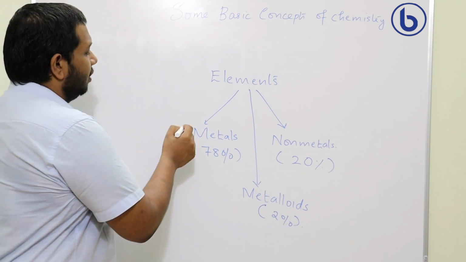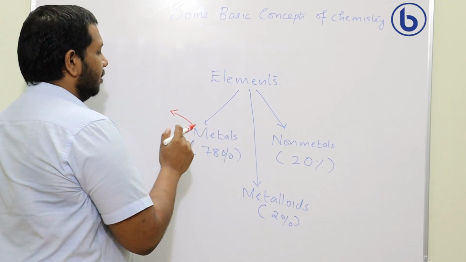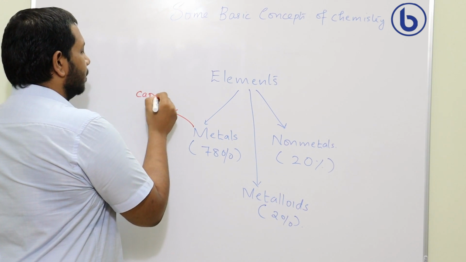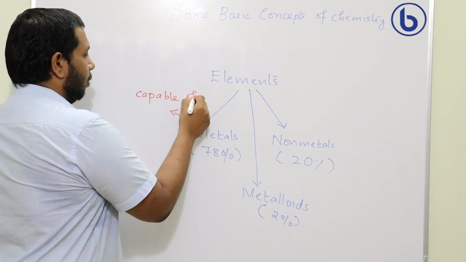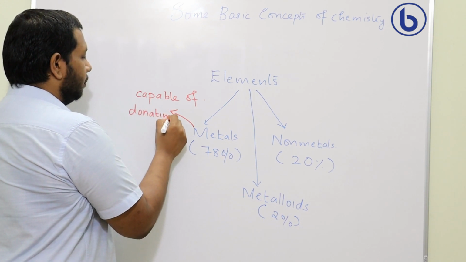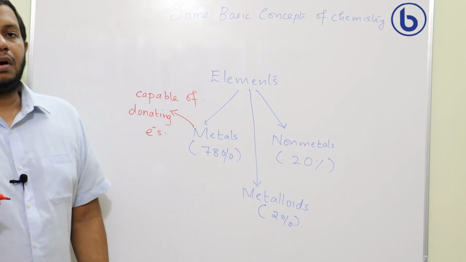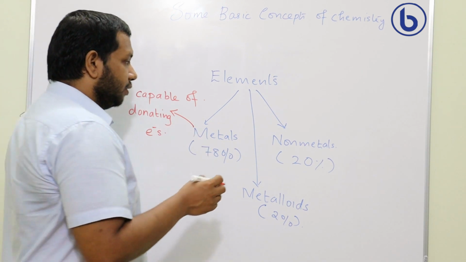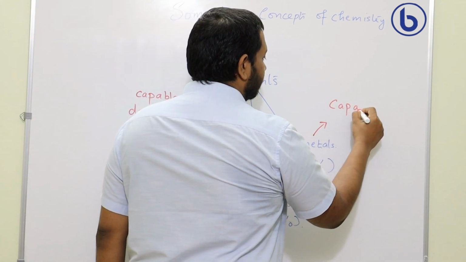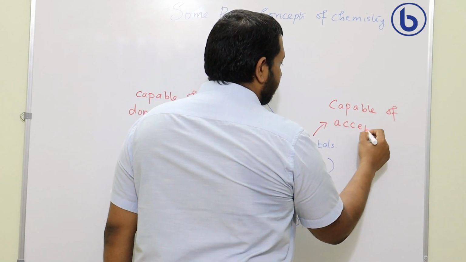A metal is a species, or it can be anything, which is capable of donating electrons. Please understand, it is donating electrons. Non-metals are capable of accepting electrons.